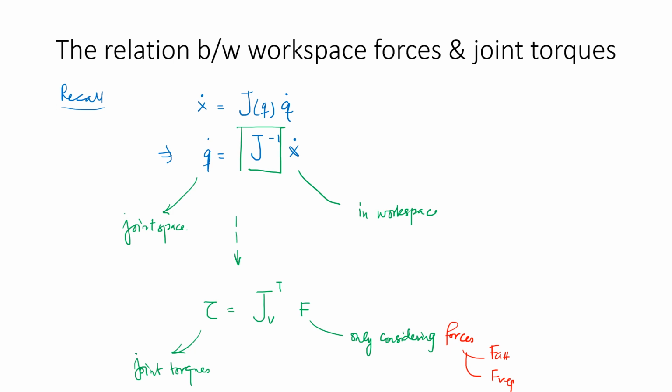Now, that is the relationship between the two. So we are going to make use of this formula, this expression, in order to map the forces which are defined in the workspace into torques which are going to be felt by all those joints on the manipulator.